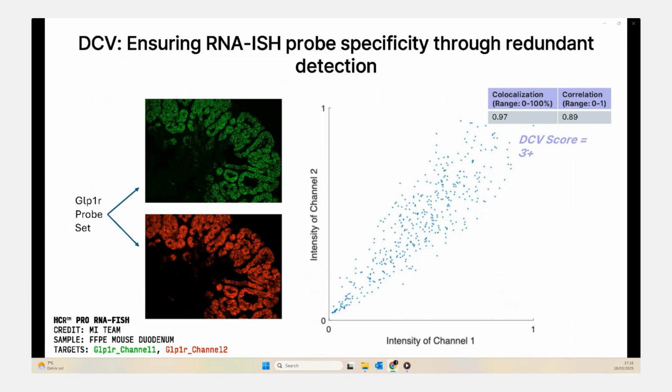And the reason DCV can be used to verify probe specificity is that if signals from two different channels are detected at the same location, we are very confident that the co-localized signals are real and specific, because it's extremely unlikely for two false positive signals to co-localize at the same location.